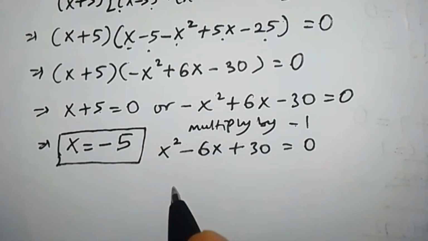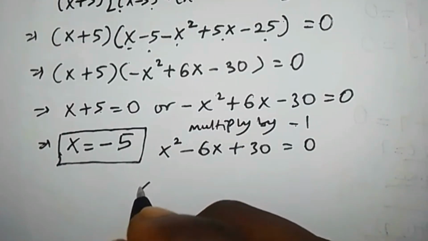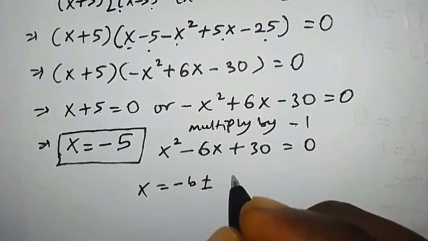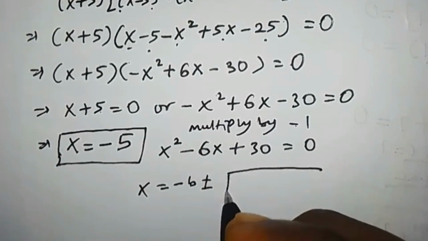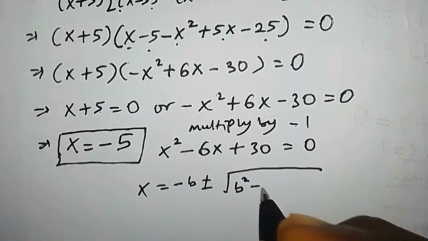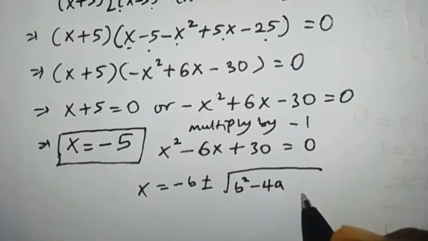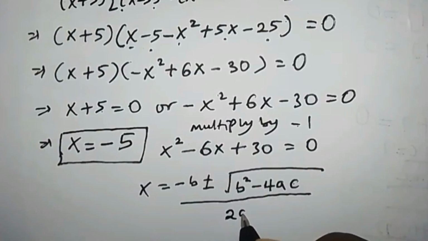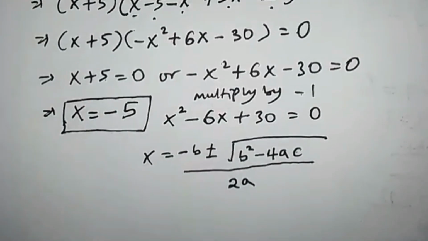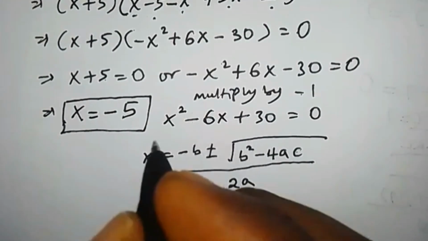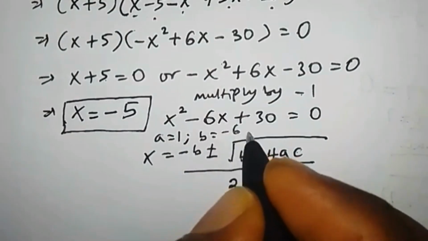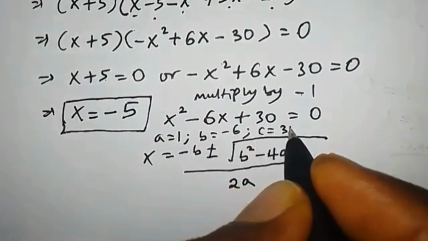We can solve it using the quadratic formula, which is x equal to minus b plus or minus the square root of b squared minus 4 times a times c, divided by 2a. From this equation, a is equal to 1, b is equal to negative 6, c is equal to 30.